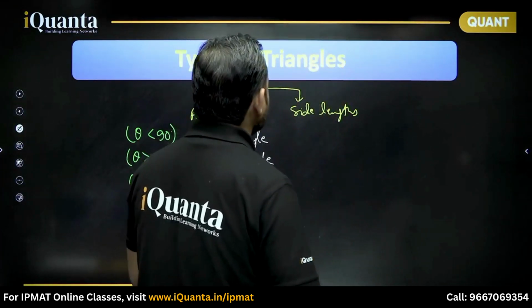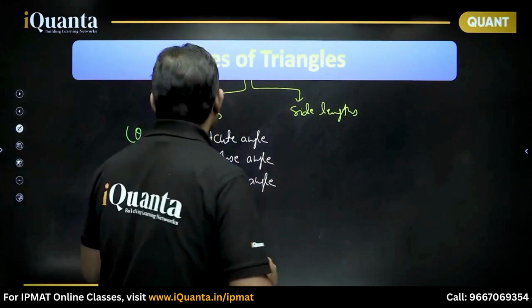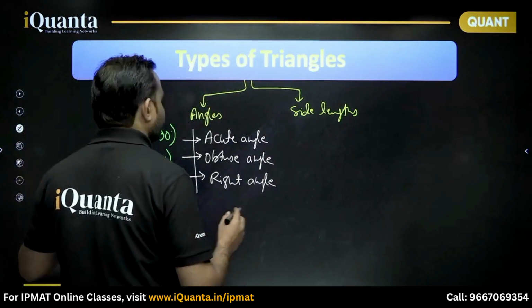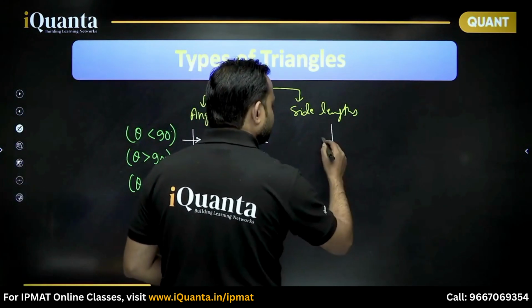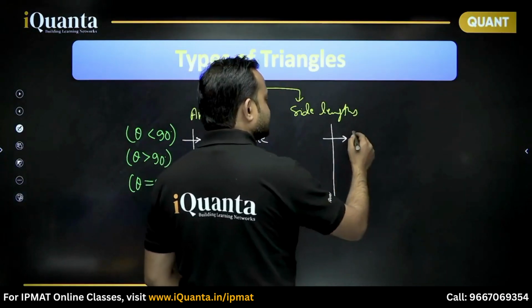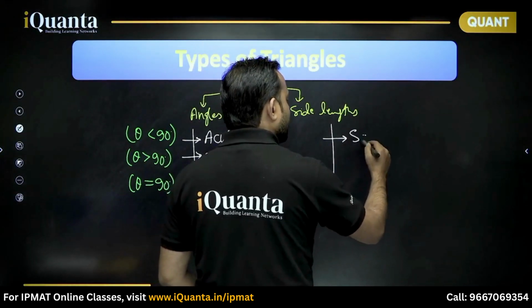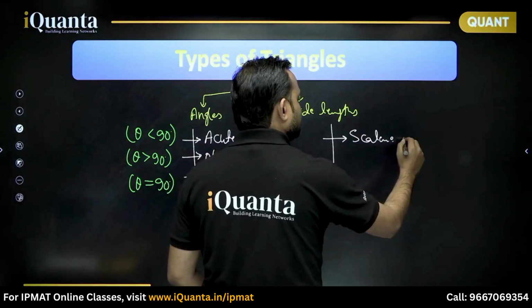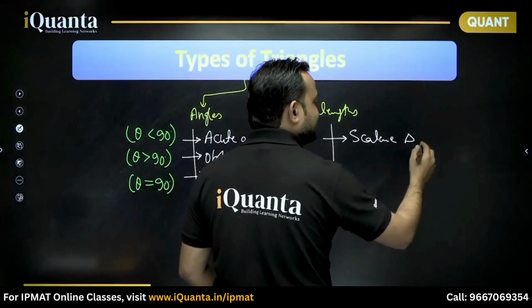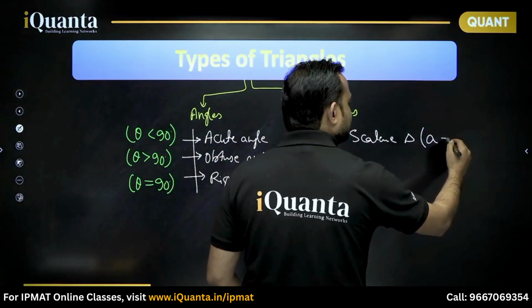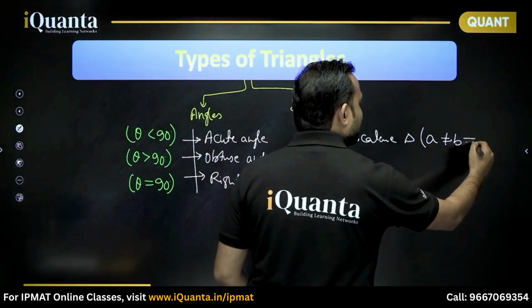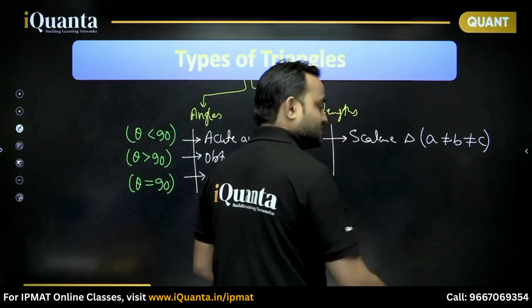If we talk about side lengths, again there are three different kinds of triangles. One of them is the scalene triangle. In a scalene triangle, all the side lengths are of distinct length.